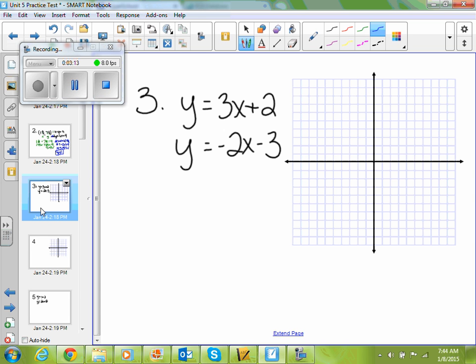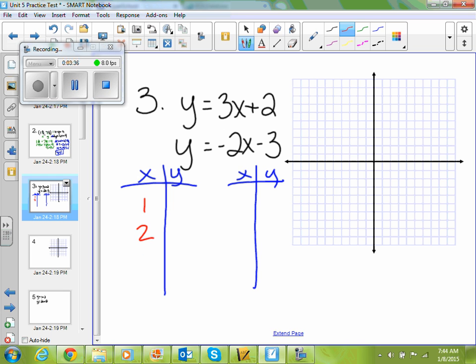Okay, next problem on your test says solve each system by graphing, classify the system, check your solution. I don't need you to classify it or check your solution, I just need you to solve it by graphing. So if I look at number 3, y = 3x + 2 and y = -2x - 3. I need to make 2 tables of values to solve for my system.